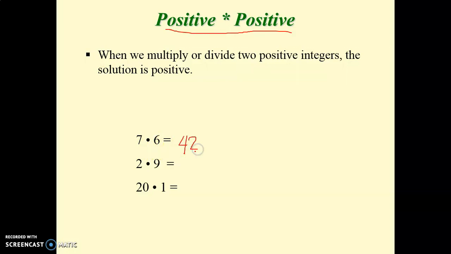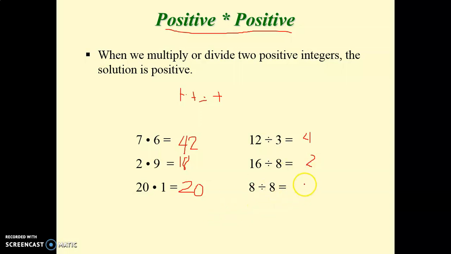They are both positive, therefore it is positive. 2 times 9, that is now 18. And then 20 times 1, that is equal to 20. Here, positive times positive is equal to positive. The next one, division. 12 divided by 3, that is 4. 16 divided by 8, that is 2. And 8 divided by 8, that is 1. Positive divided by positive is equal to positive.